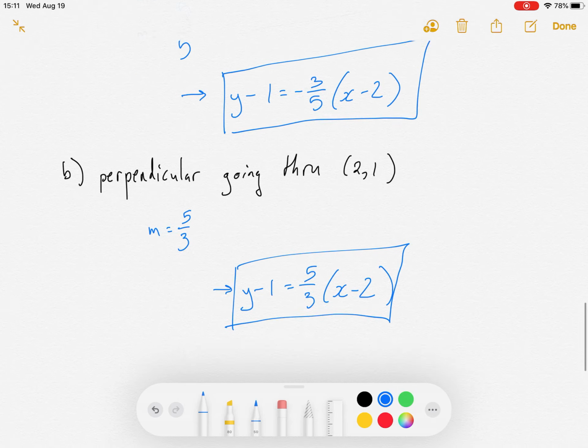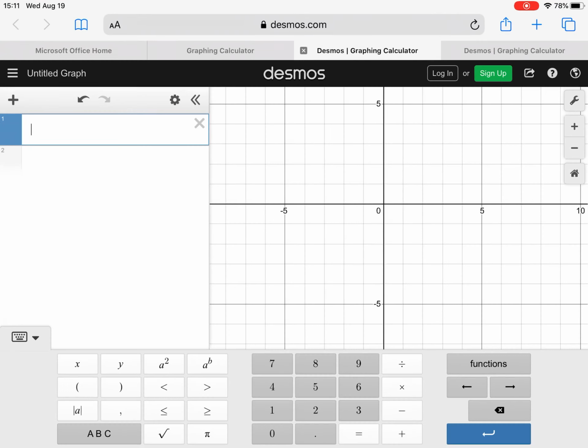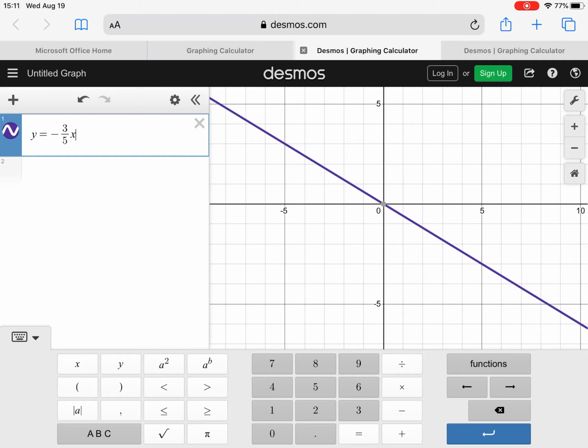If you graph all of these equations, which I am going to do on Desmos, they should look perpendicular and parallel. So let's go ahead and do that. Y equals negative 3/5 x minus 8. I'm using the division symbol to get fractions.